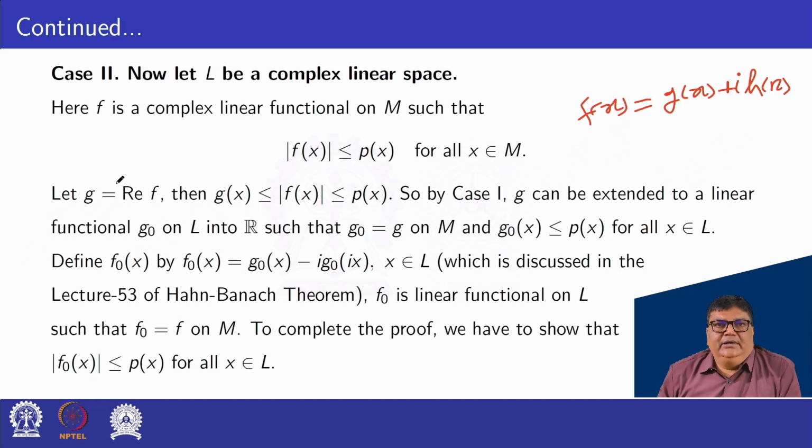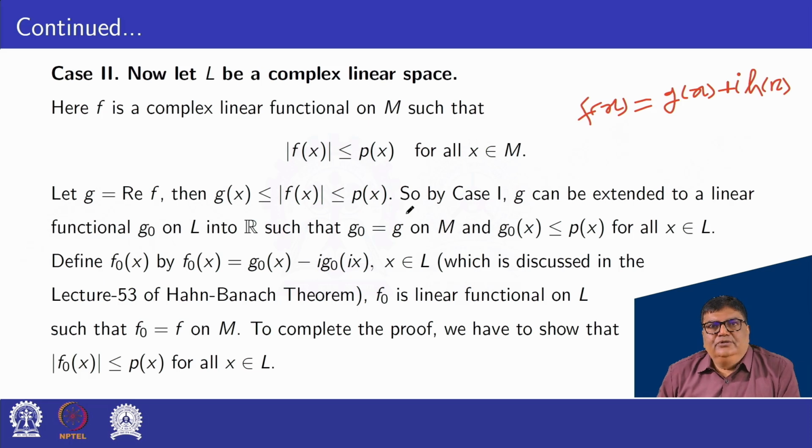Okay, so let g be equal to the real part of f, then g of x is less or equal to mod f of x. Okay, here the first part g of x can be less or equal to the absolute value mod f of x, and mod f of x is less or equal to p of x.